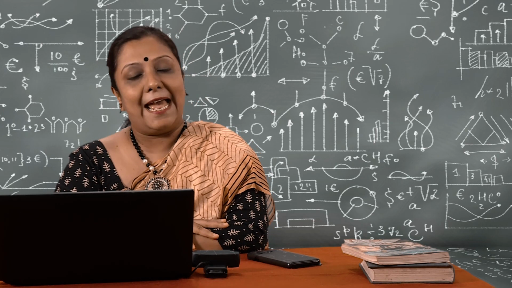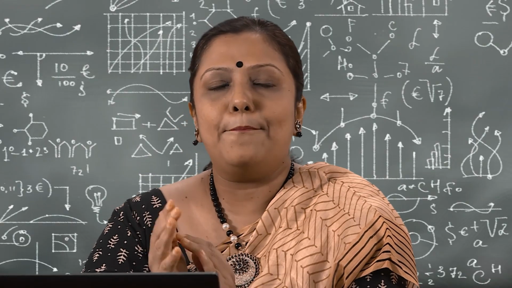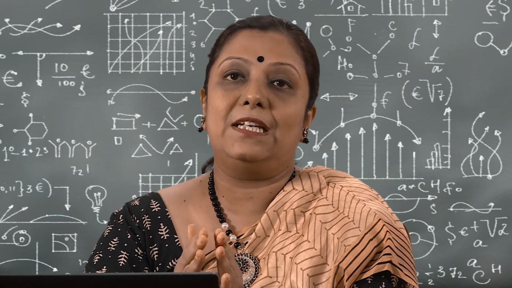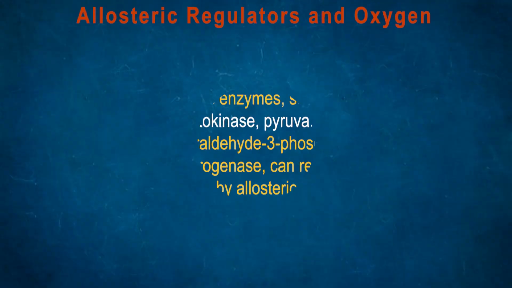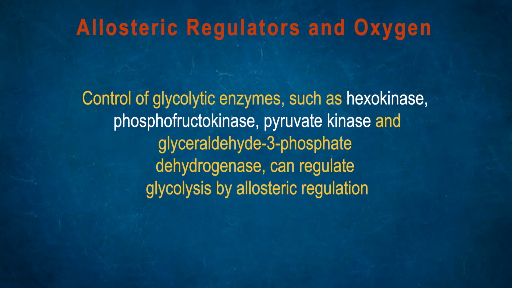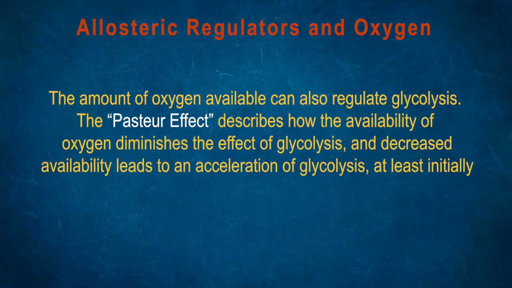Allosteric regulators and oxygen. We know that some steps of glycolysis are irreversible, like hexokinase, phosphofructokinase as well as pyruvate kinase. They can be regulated via many allosteric modulators, including glyceraldehyde 3-phosphate dehydrogenase. The amount of oxygen available can also regulate glycolysis. The effect is called the Pasteur effect.